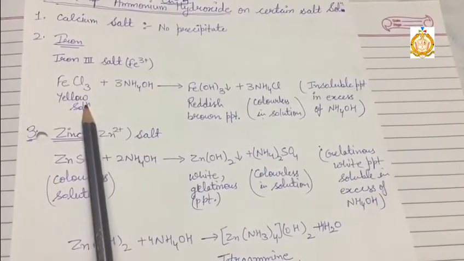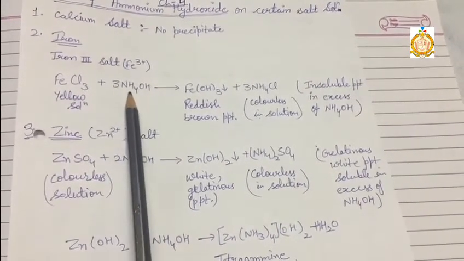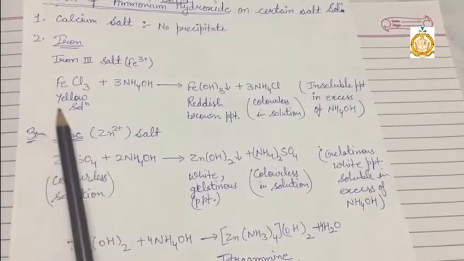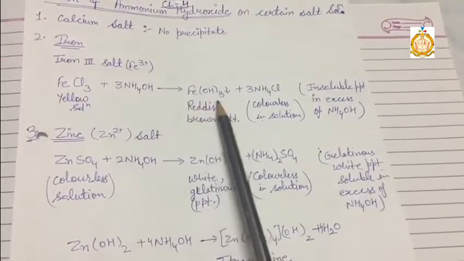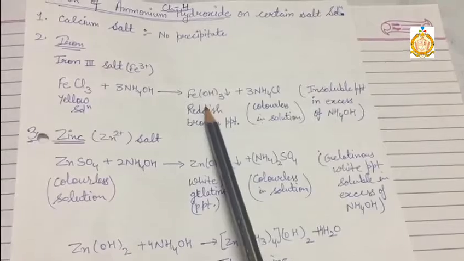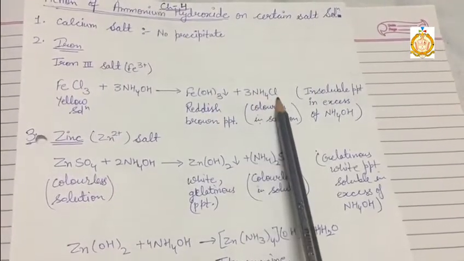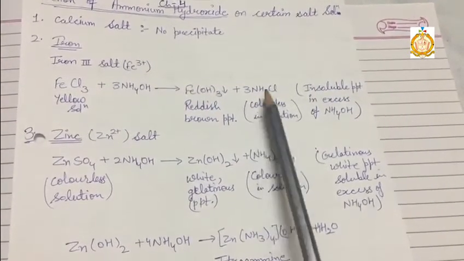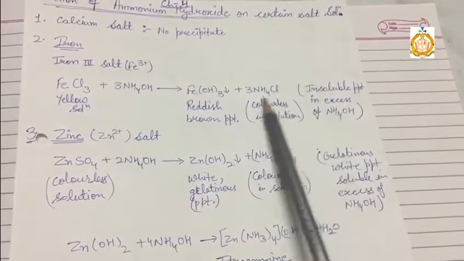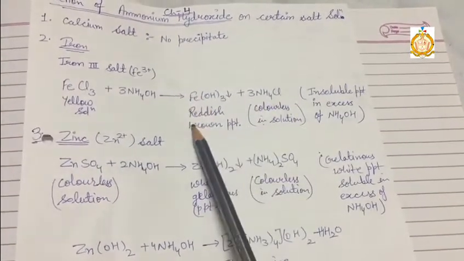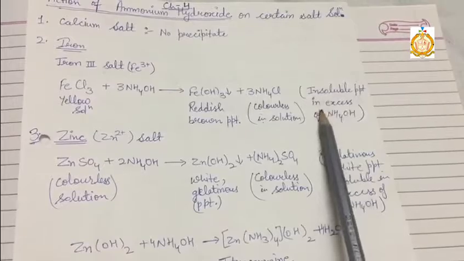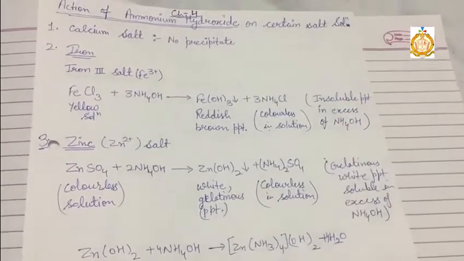It is yellow. When ammonium hydroxide is added drop by drop to ferric chloride, it gives a reddish brown precipitate, and these reddish brown precipitates are insoluble in excess of ammonium hydroxide.